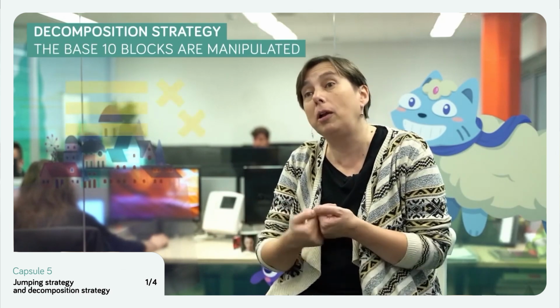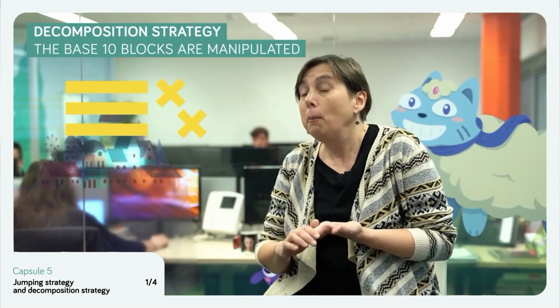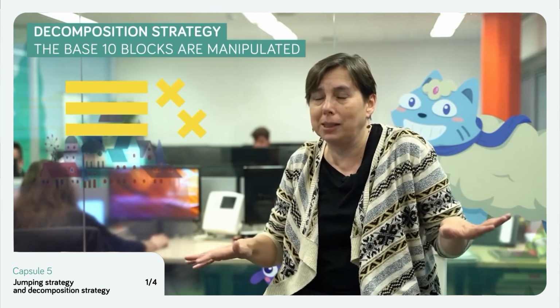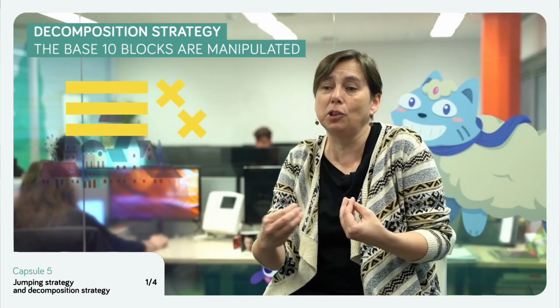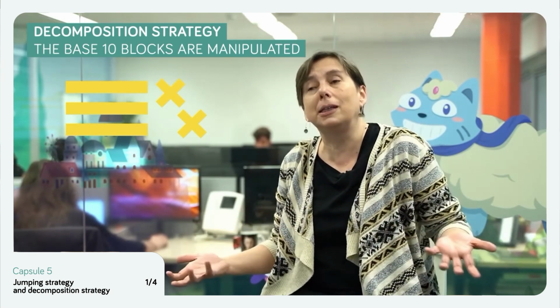Another characteristic that they have is that they are associated with various manipulative materials. We consider the decomposition strategies to be most related to the base ten block material, but it is also perfectly possible to do it with money, because what we need are materials that have a very strong decimal base.